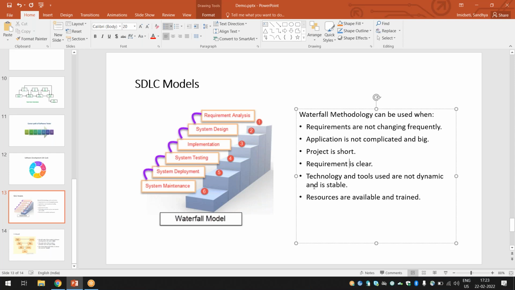And one more important point: we are not the decision makers on which model we have to go for. This is completely about the company management, the leadership team, and the head level management team.